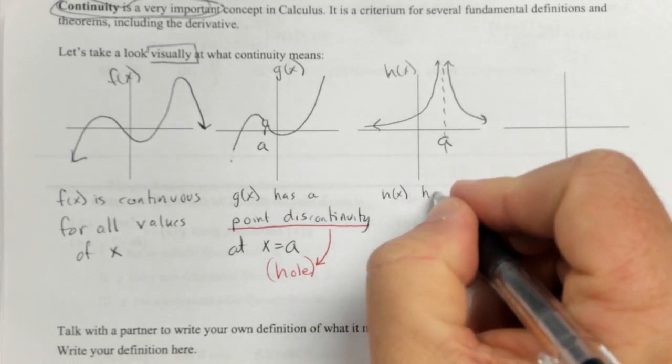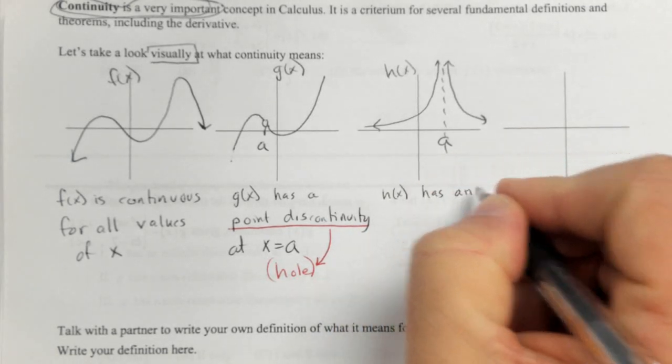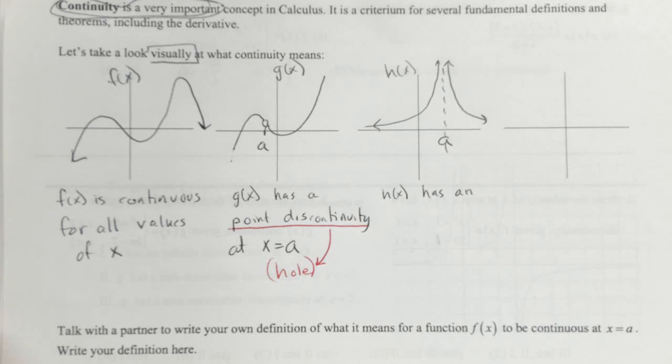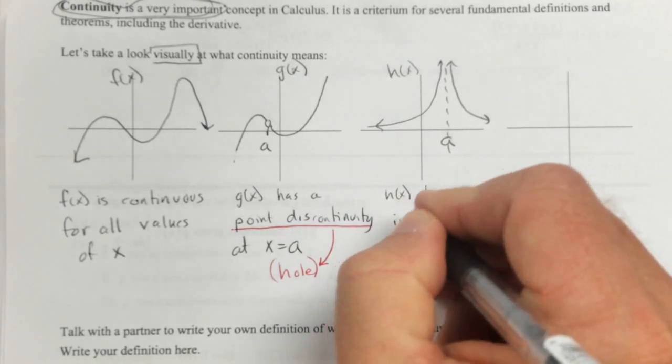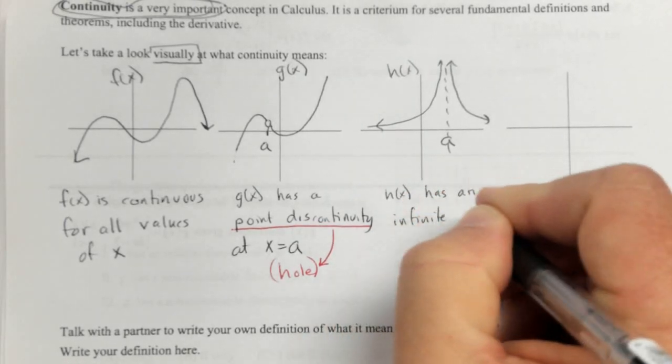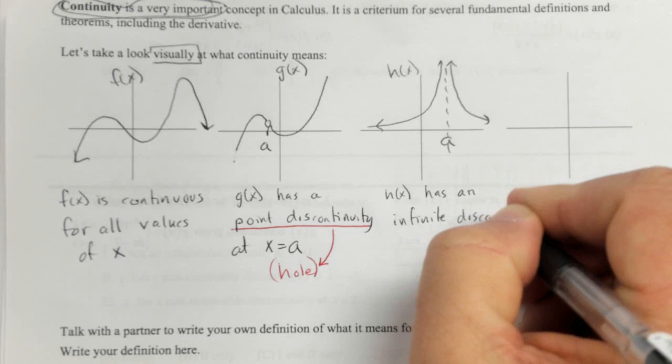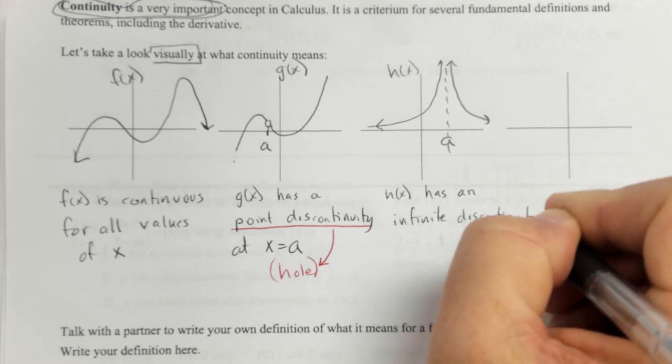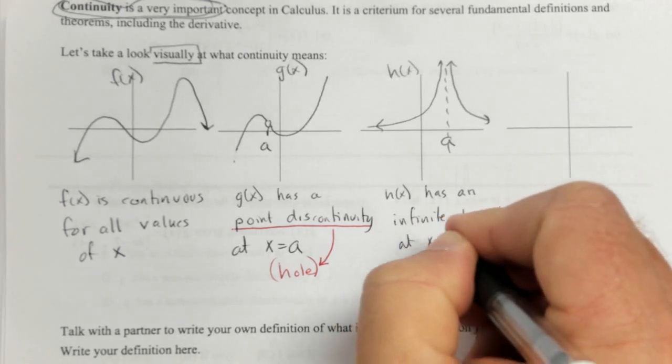So h of x has, any guesses on what kind of discontinuity you'd call that? Infinite. That's an infinite discontinuity at x equals a.